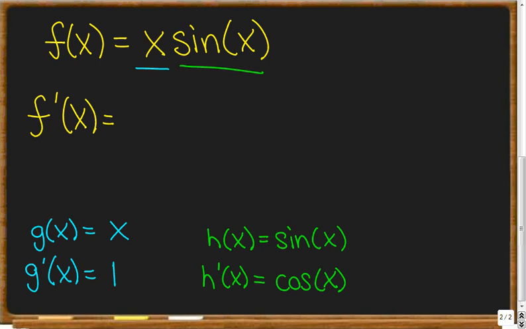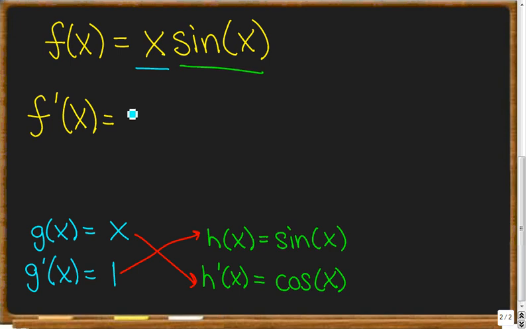So that's it. So f prime of x, again, we link these things together. g of x will link with h prime, and g prime will link with h. So once we put everything together, we are, in a sense, done.